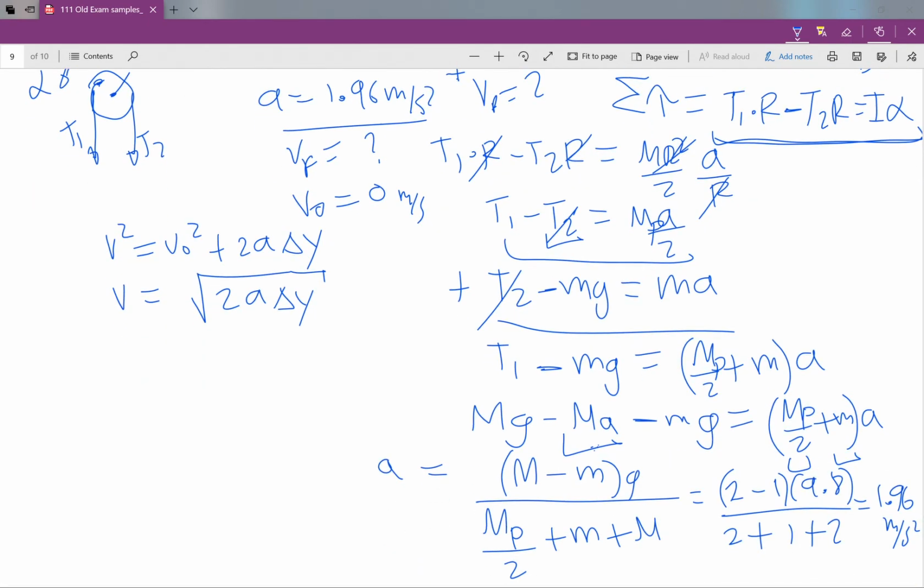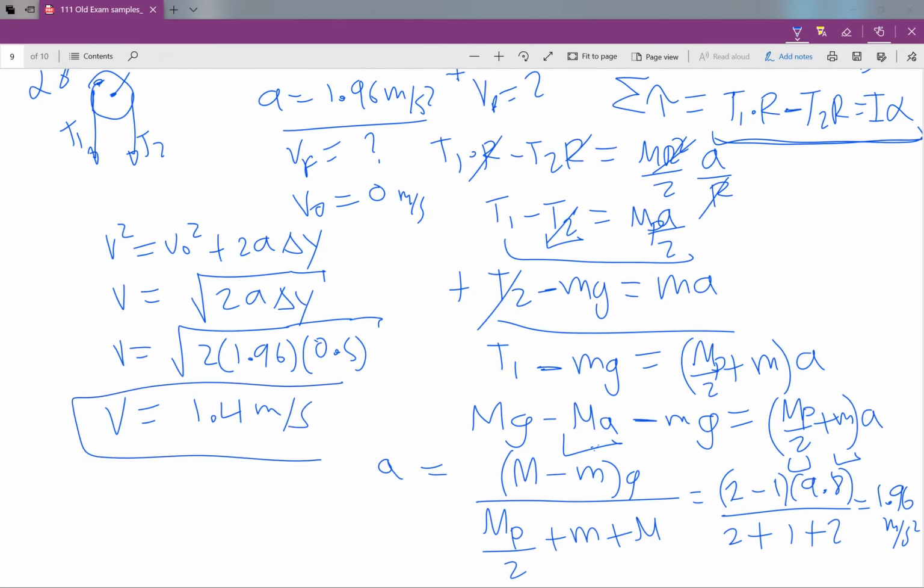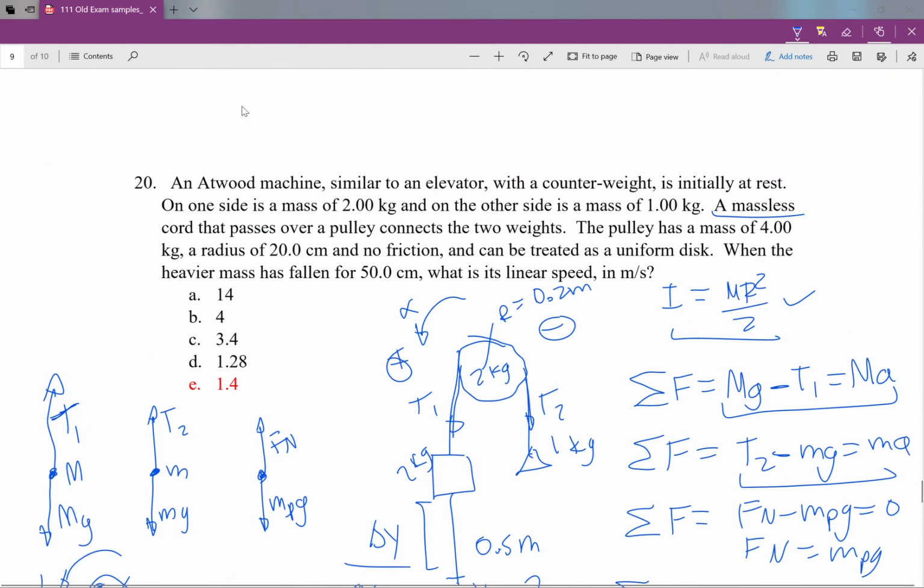We substitute our values, and V equals the square root of 2 times the acceleration, which is 1.96, times the displacement, which is 0.5. And so the velocity is 1.4 meters per second. So that's your answer. That's the linear velocity.